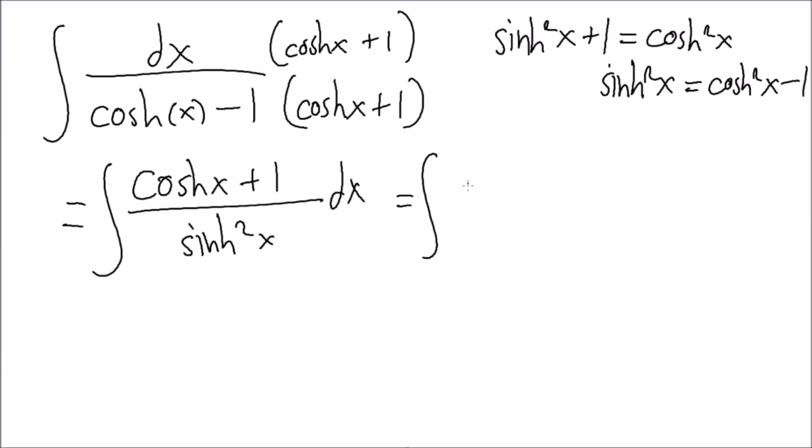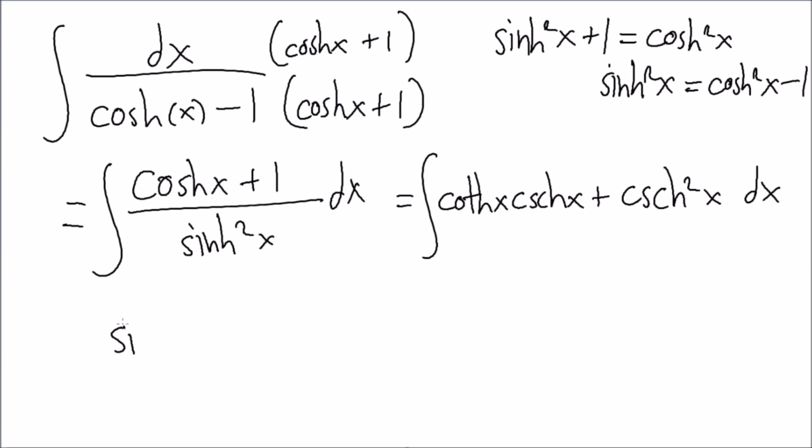I guess you can put it as hyperbolic cotangent, hyperbolic cosecant plus hyperbolic cosecant squared. Be very careful. You still need to use negatives for this. Again, like the derivative of sinh x and cosh x, you don't really need negatives, but with hyperbolic cosecants, you still need negatives.